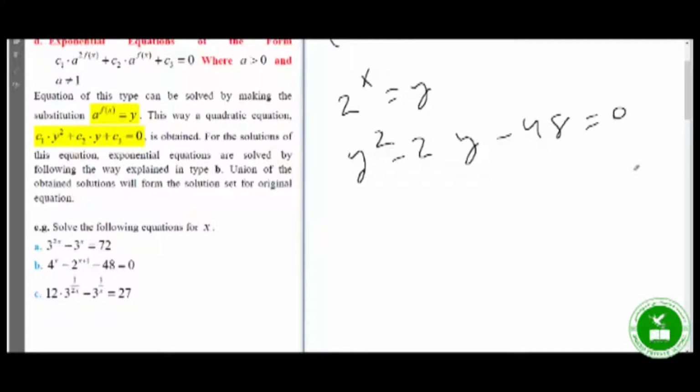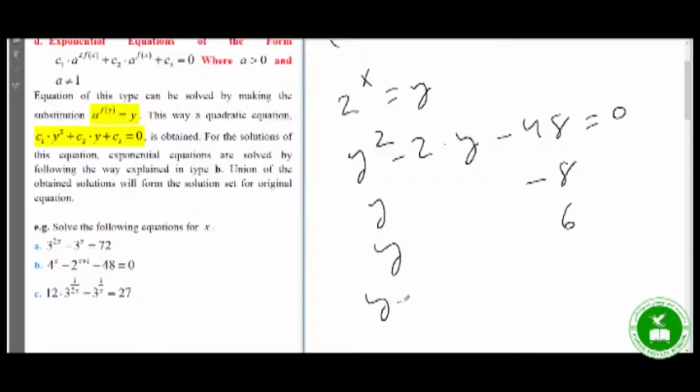I can factorize negative 48 as negative 8 and positive 6. And negative 8 plus positive 6 will become negative 2. So we can write y squared minus 2y minus 48 as y minus 8 times y plus 6 is equal to 0.